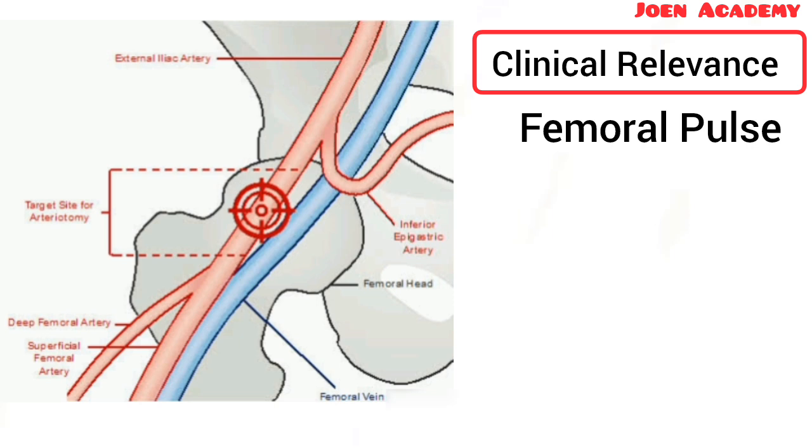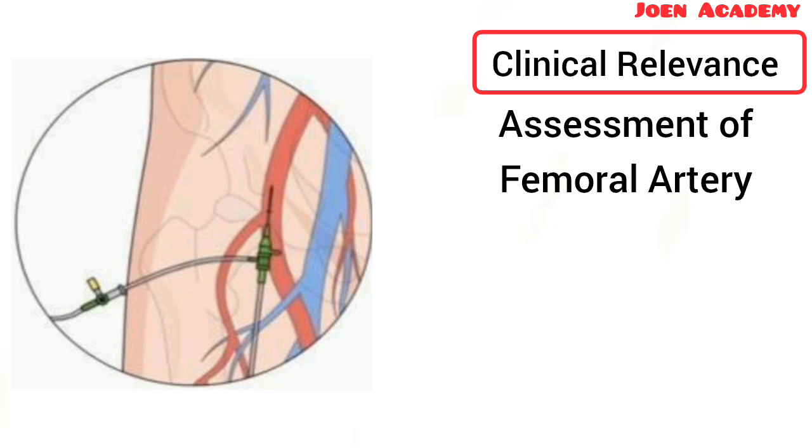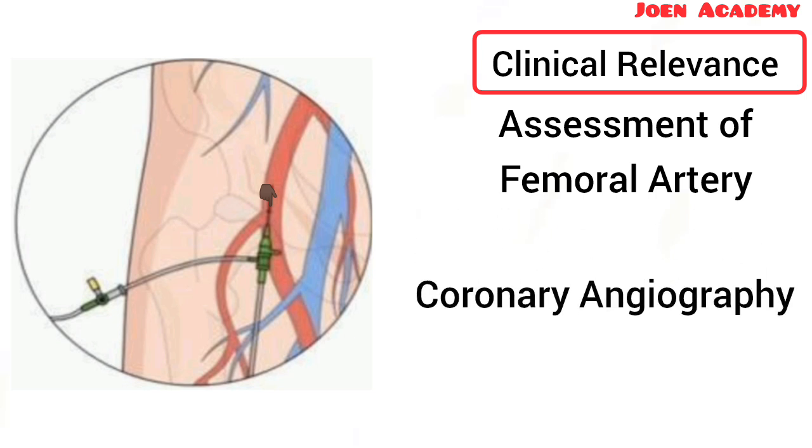The next clinical importance of the femoral triangle is the assessment of the femoral artery. The femoral artery is located superficially within the femoral triangle, and it is therefore easy to access. This makes it suitable for a range of clinical procedures. One such procedure is known as coronary angiography.